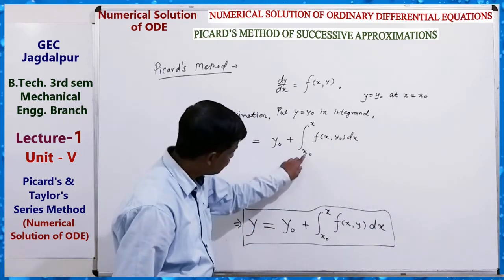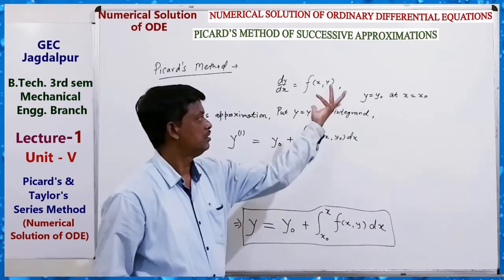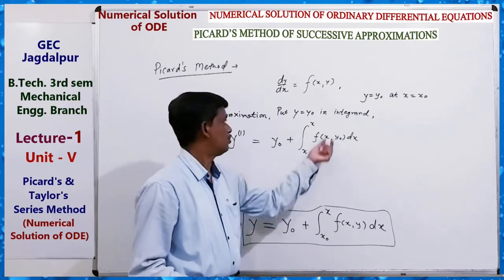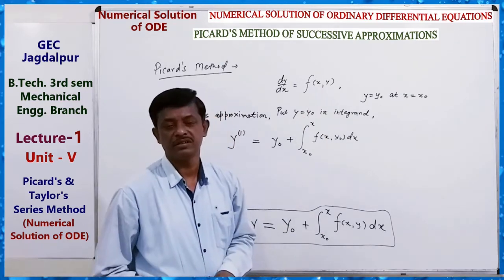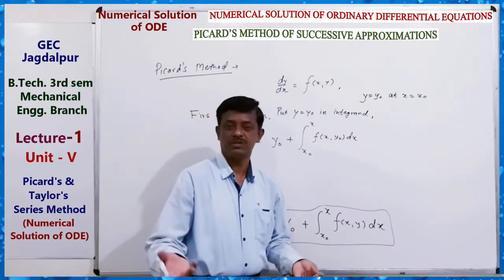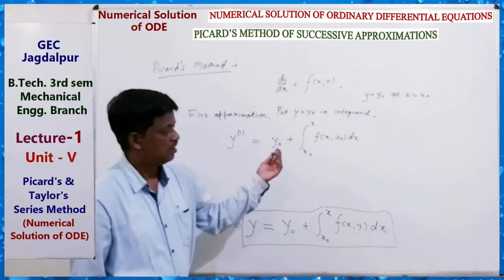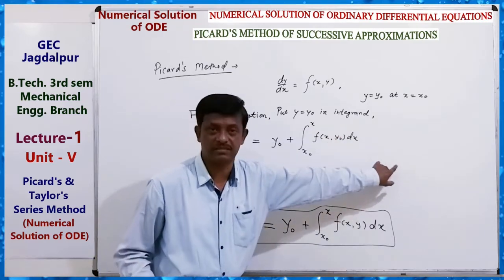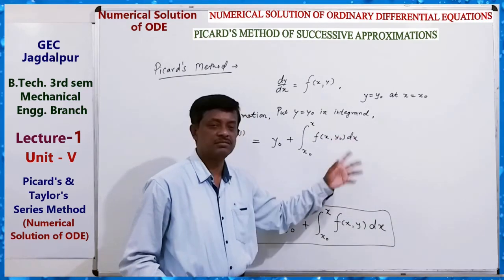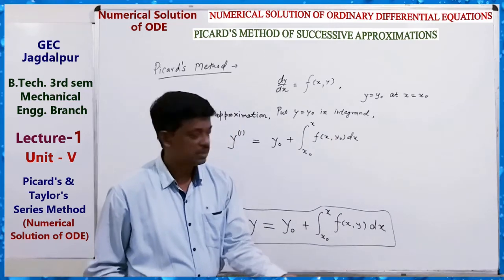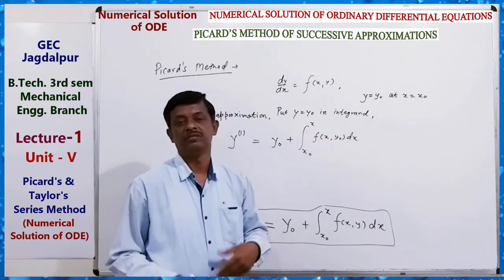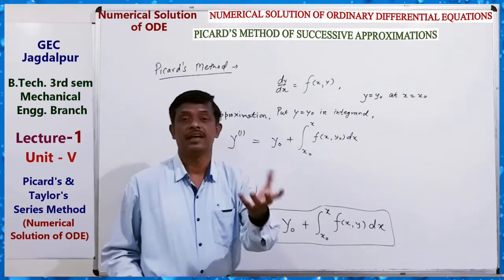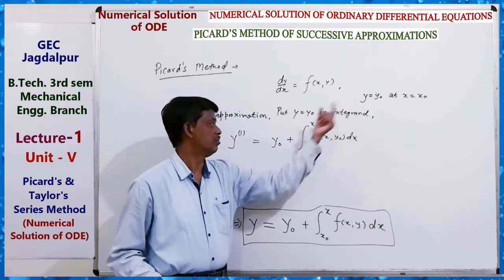This is a particular value, maybe 0, 1, 2, 3, 4. The function is also given, maybe sin x, cos x, xy, x plus y, x square plus y, x minus y, etc. So we can get this as a function of x, integrate it as a function of x and apply the limits. We will get a function of x, and y0 is a particular value.